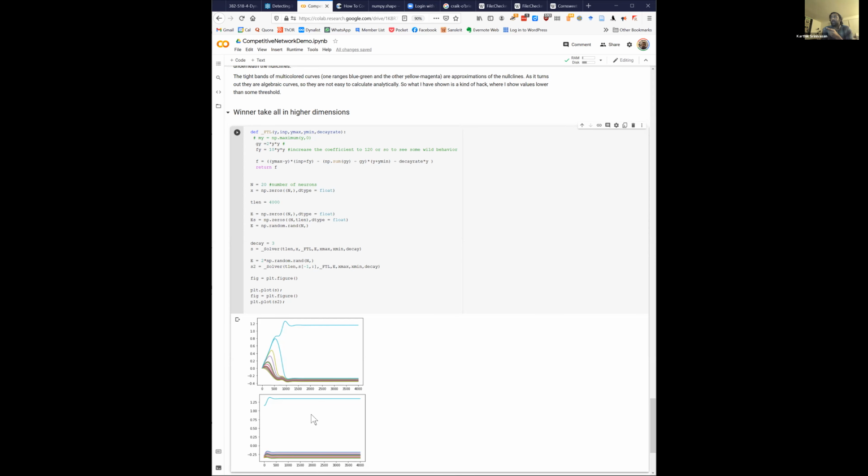By the way, I just want to point out that in this winner-take-all in higher dimensions that Johan showed, if you adhere to certain properties of the parameter regime, you're always guaranteed a winner. But it's not like oscillations are some random idea.